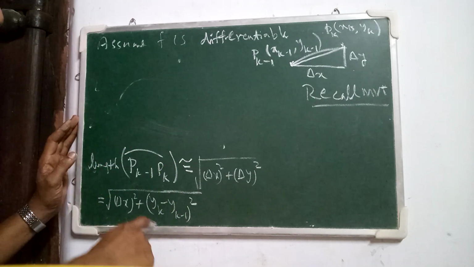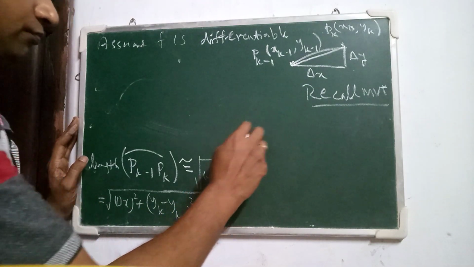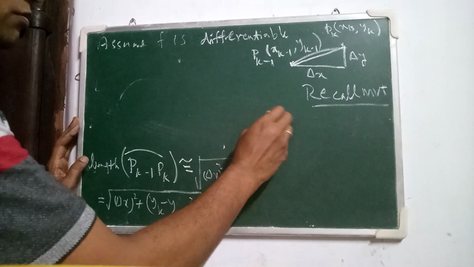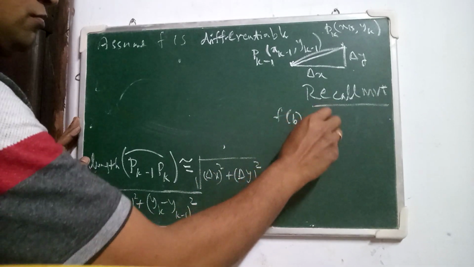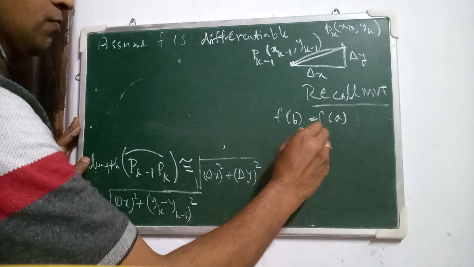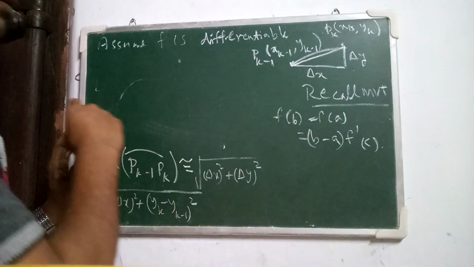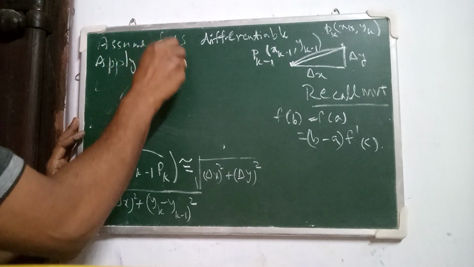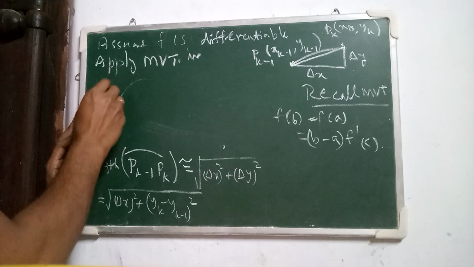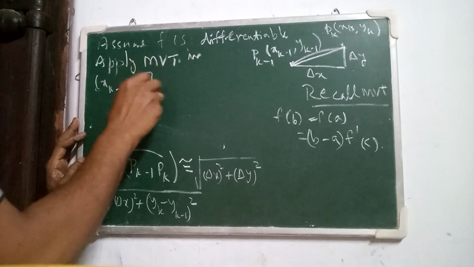So let me apply mean value theorem in the subinterval x k minus 1 comma x k. So this is my mean value theorem. So apply mean value theorem in x k minus 1, x k.